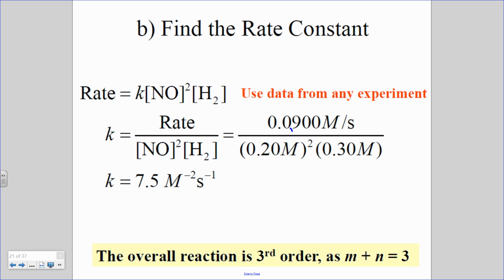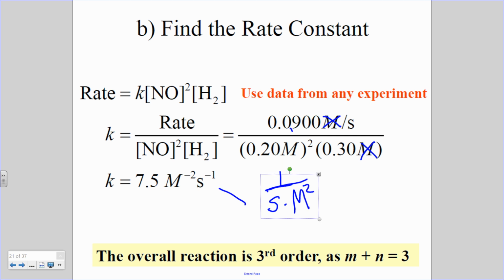Now, if you were careful with your units, if you notice, you have molarity on top, seconds in the denominator, molarity squared in the denominator, and another molarity in the denominator. So if you cancel, you get molarity, cancel molarity, and now I have seconds in the denominator and molarity squared in the denominator.